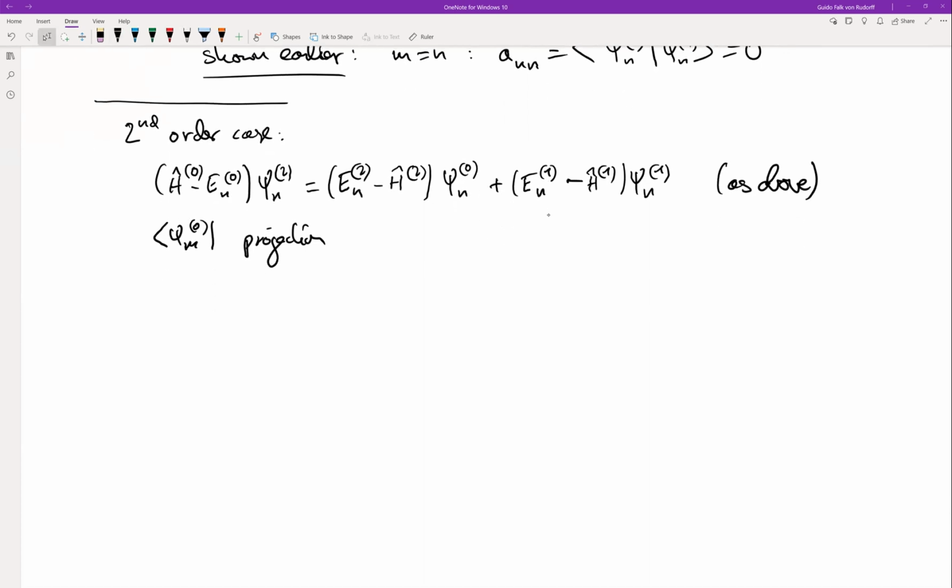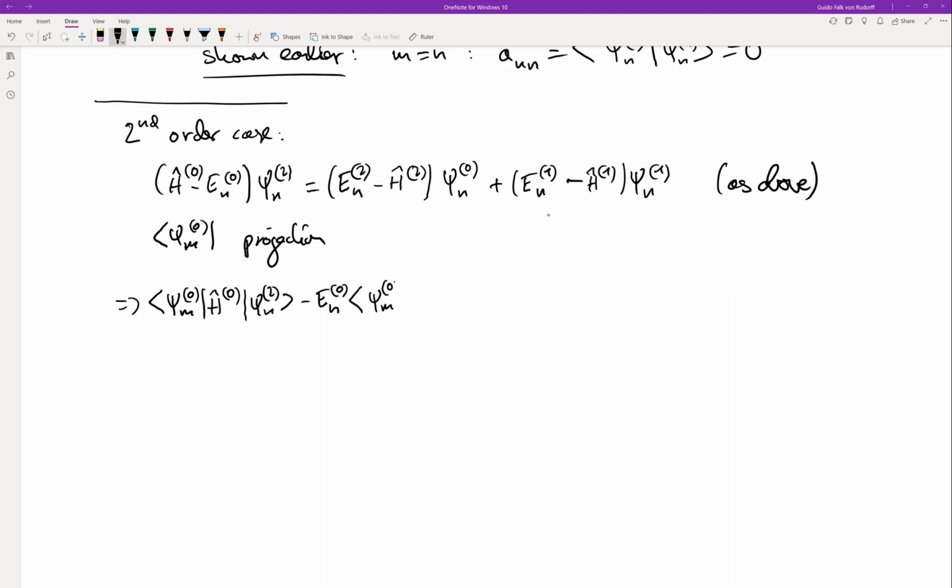Okay, so this means basically left multiplying psi m0. So we get psi m0 times our unperturbed Hamiltonian times psi n second order. That's the first term. Minus En0. It's a scalar value, so we can just pull it in front.